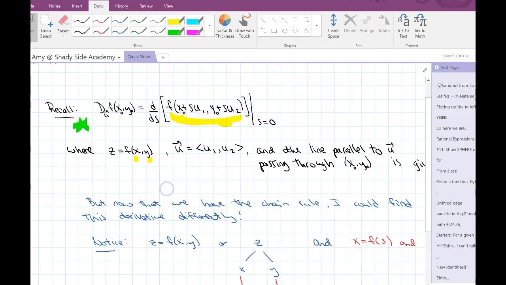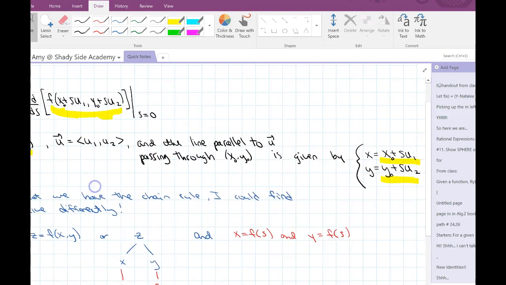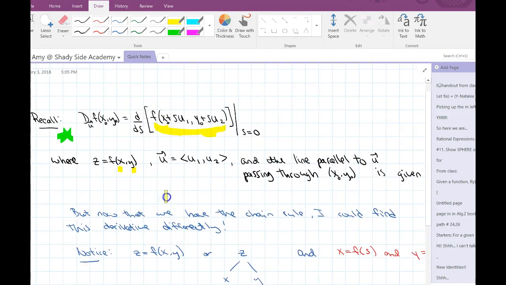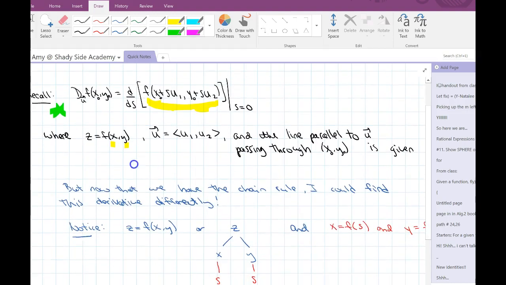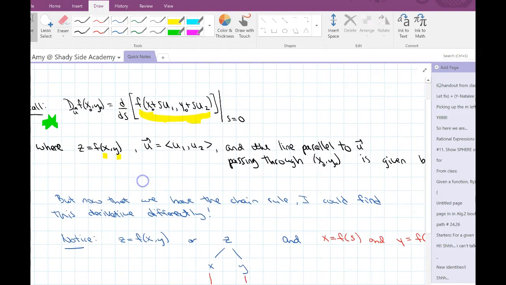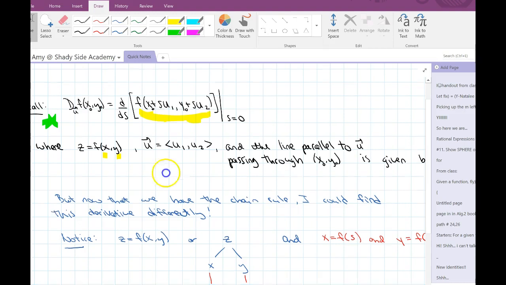And we all agreed that when you sub in x and y from here, this expression then describes the rate of change of z as a function of s, right? And we talked about the fact that this is describing the rate of change along the quote-unquote path that is above this line, so to speak. Okay, so this is where we left off, and now here's what I want to show you.